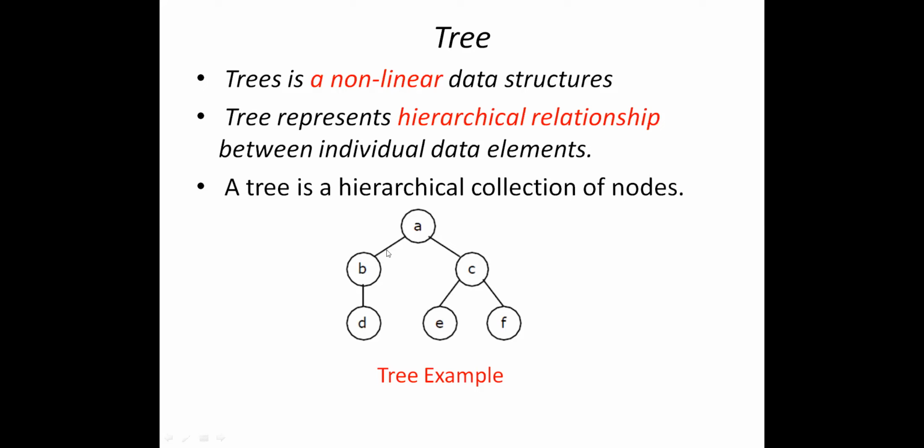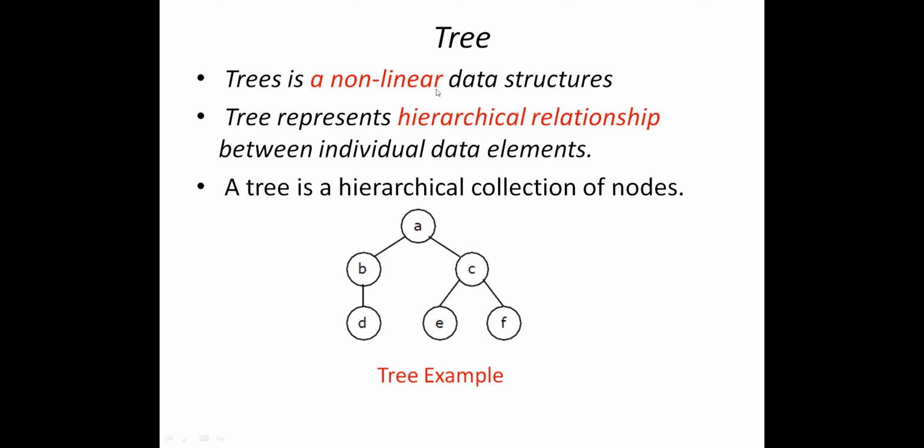So this relationship is called parent-child relationship. In some way, these two nodes are connected. That's why we are calling this a non-linear data structure. This is how they are associated in some type of relationship. Here, in this example, we are calling it a parent-child relationship. So that's why tree represents hierarchical relationship between individual data elements.